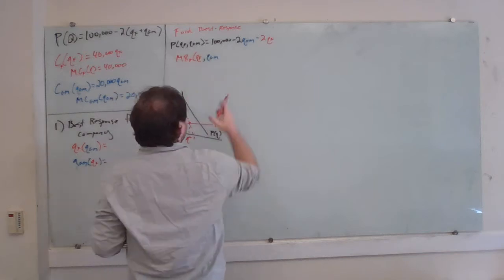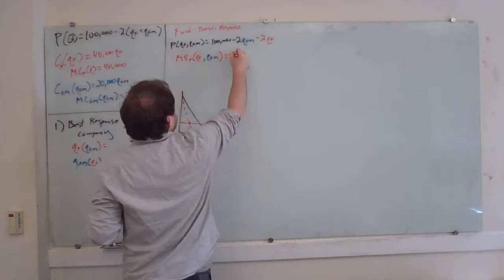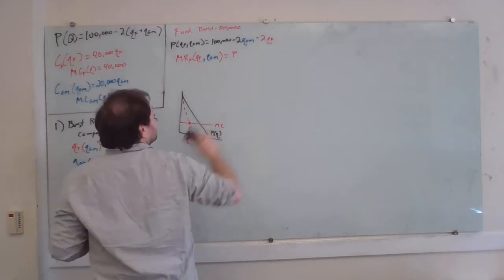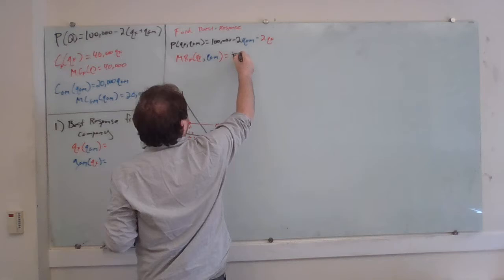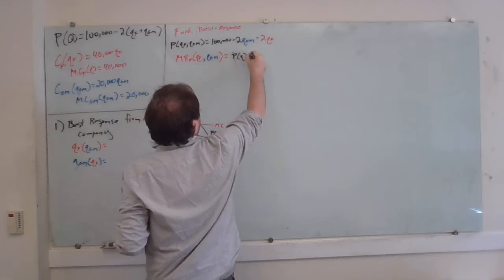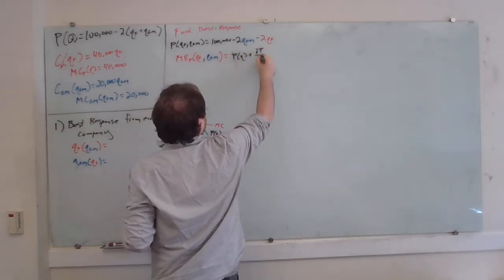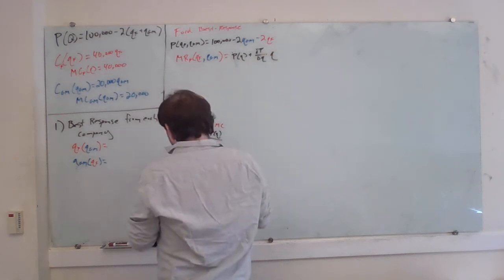Right, this is going to be P of Q plus dP/dQ times Q. Great.